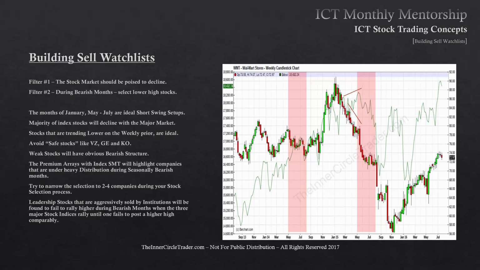So out of this list, I think Walmart was the one that would have been thrown to the side simply because there was a consolidation all through the fall of 2013 and through 2014. It rallied up, but then there was really no attempt to rally. It was just a steady drift lower.